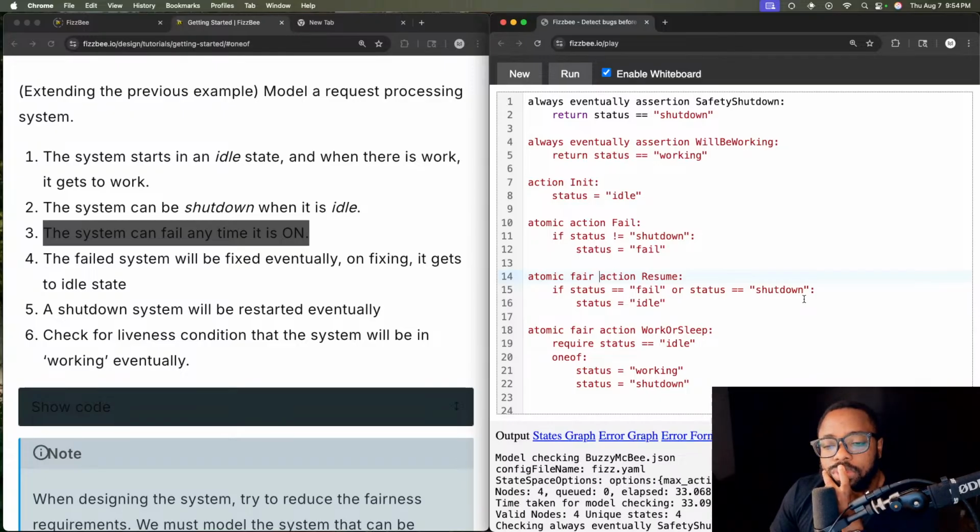If we get into a state where we go into shutdown, progress will still need to be made, which means, at some point, progress will be forced out of either this state or this state.